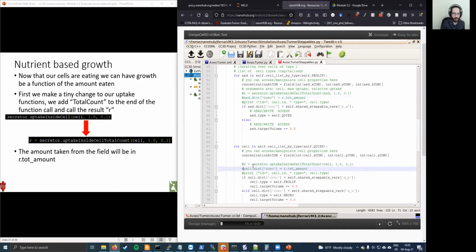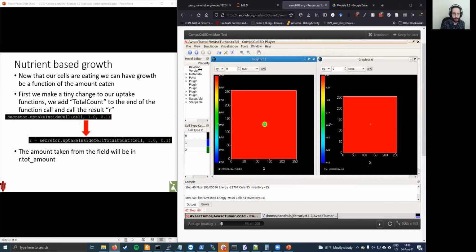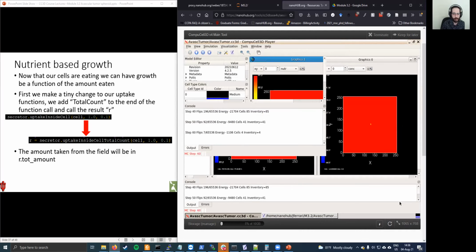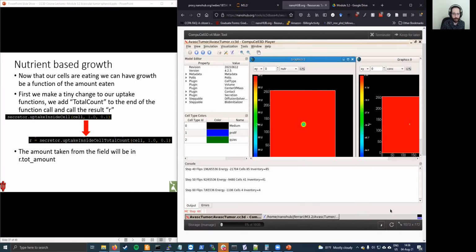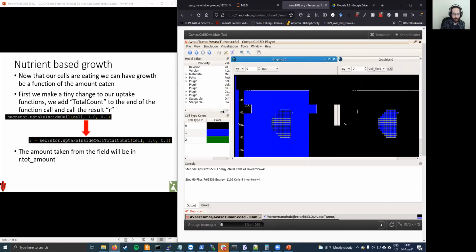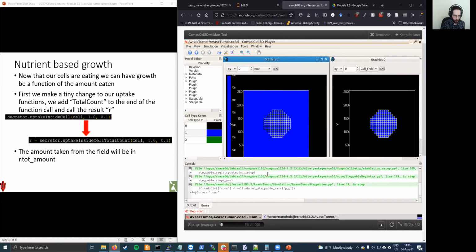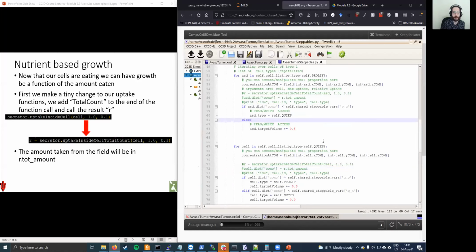I have an idea of what's going on. Right. I shouldn't have replaced the value here at conc. I should leave that as concentration at center of mass, because I'm using conc here to change for the thresholds.